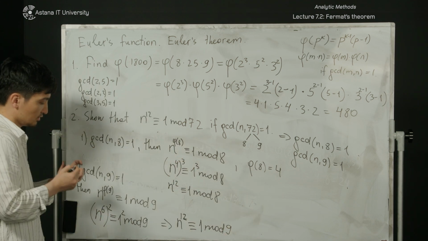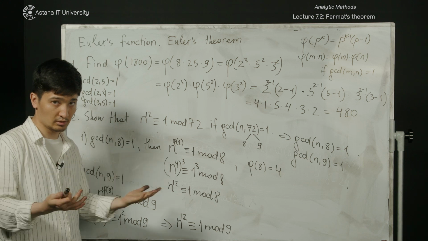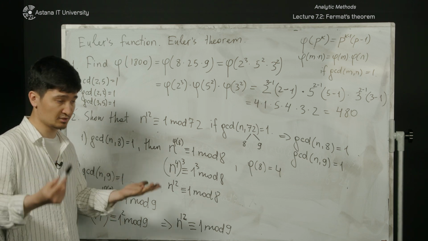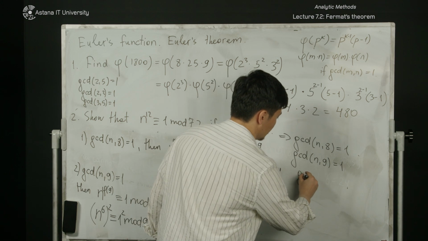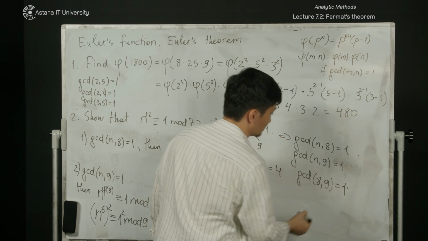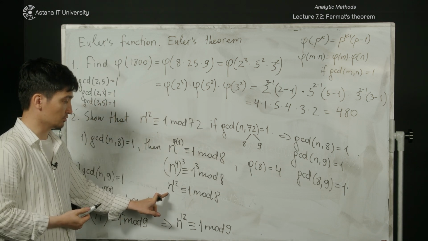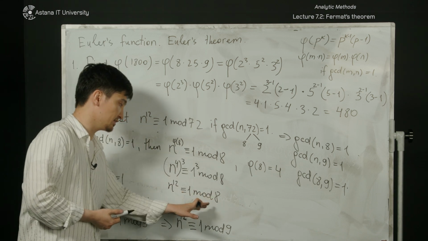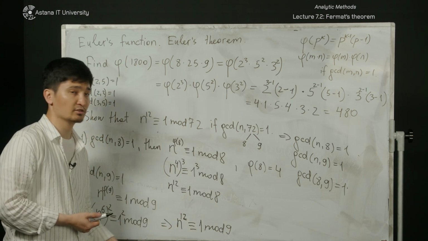Now what I know is, again, that 8 and 9 are relatively prime, so GCD of 8 and 9 is equal to 1. And I also have that this number, n to the power of 12, when divided by 8 gives me remainder 1, and when divided by 9 gives me remainder 1.